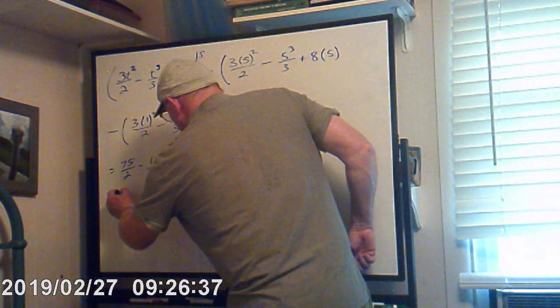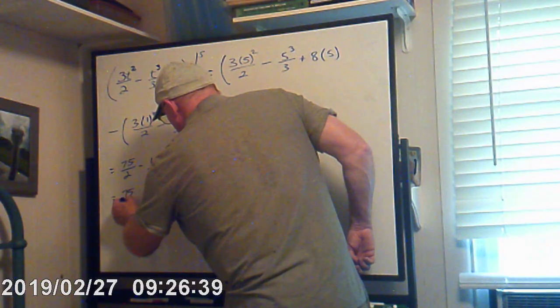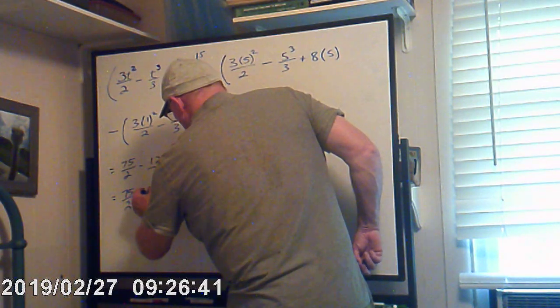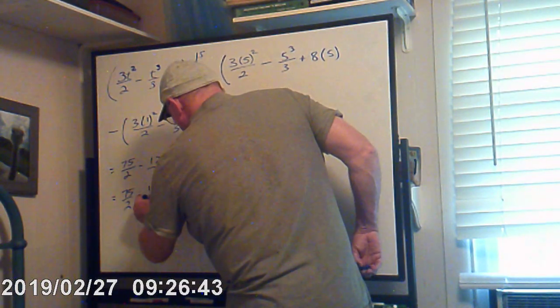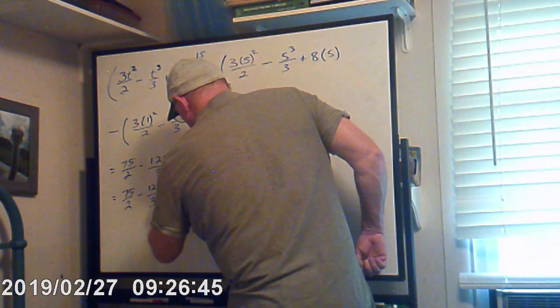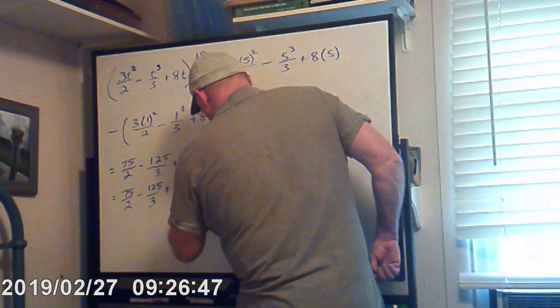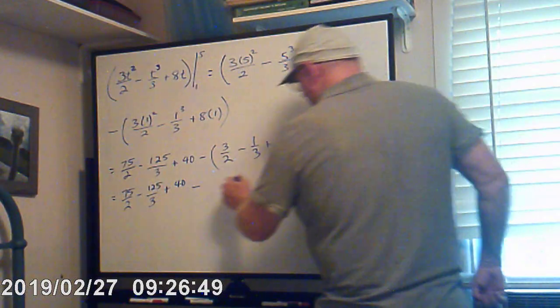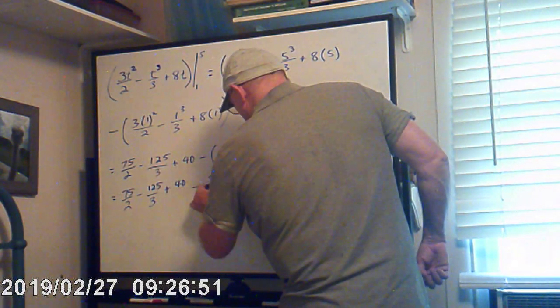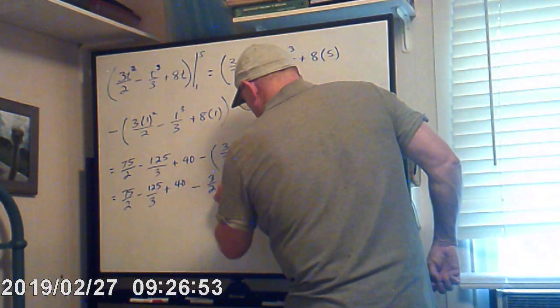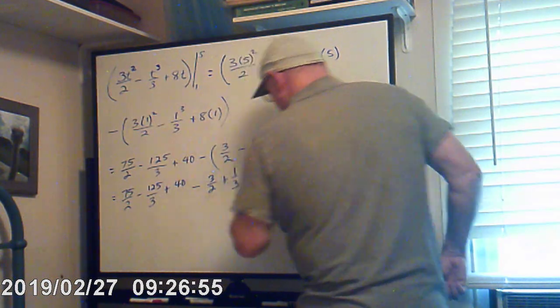So 75 over 2 minus 125 over 3 plus 40, minus, let's just distribute in the minus sign, 3 halves plus 1/3 minus 8.